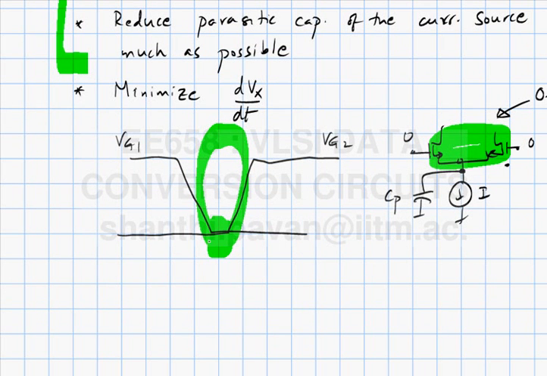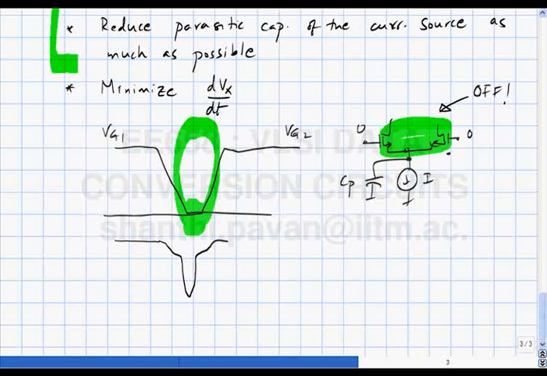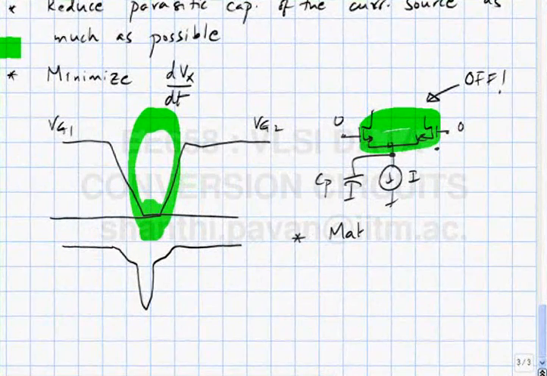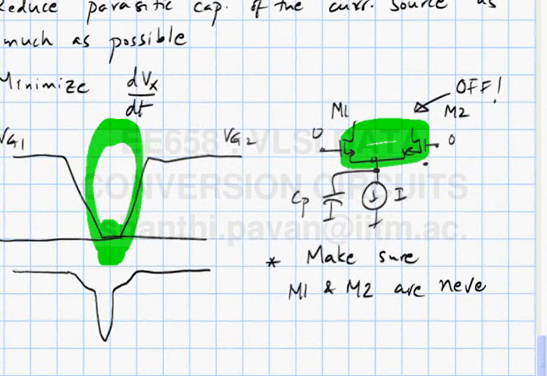The voltage was doing something like this, then it will glitch big time, and then come back. The one thing that you absolutely need to do is make sure M1 and M2 are never off simultaneously.